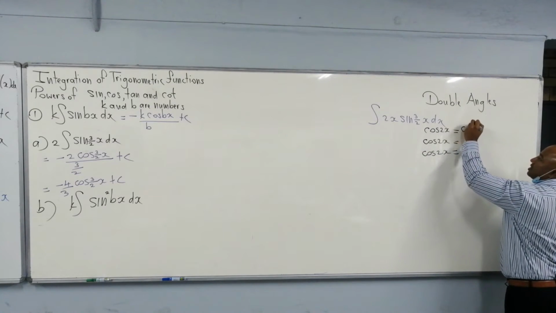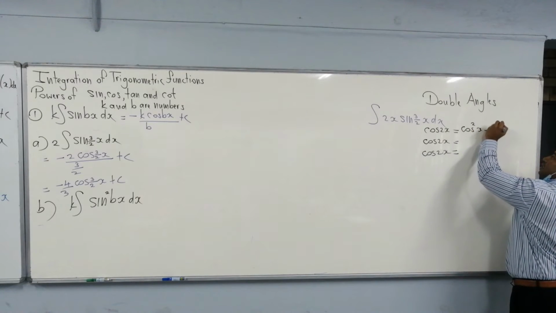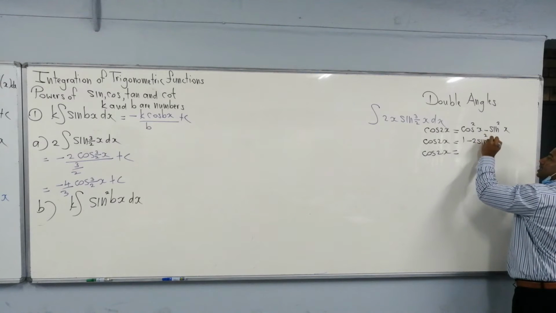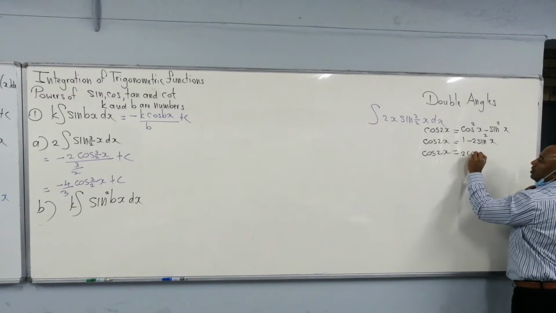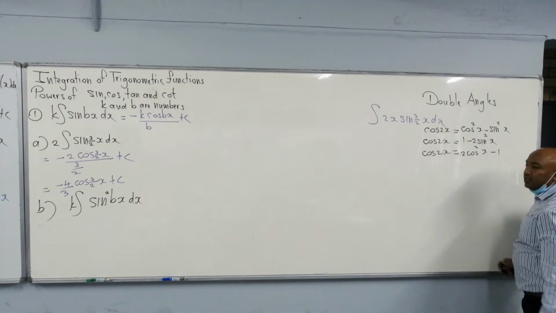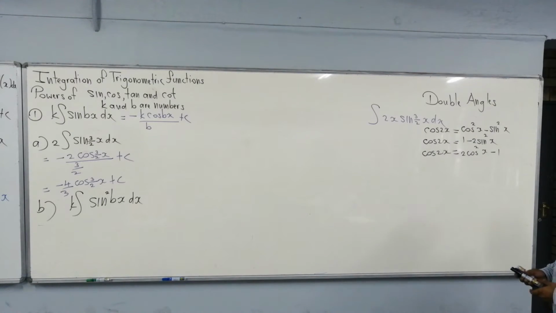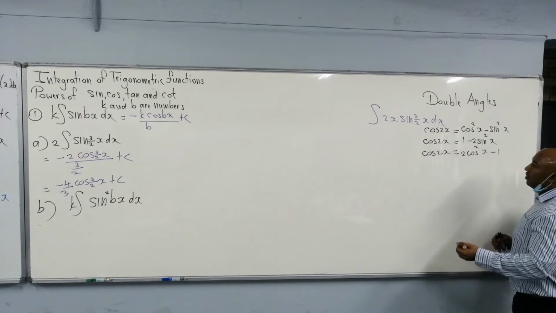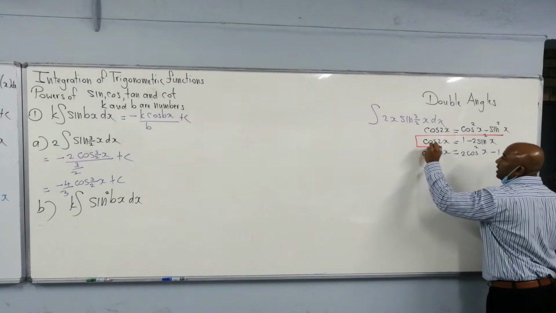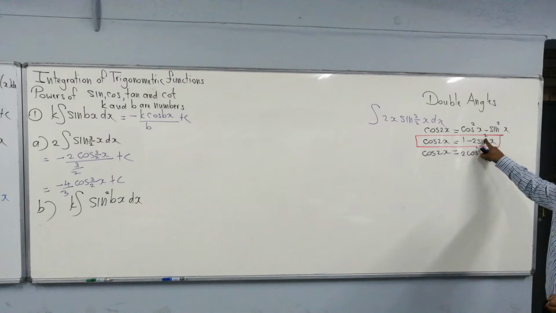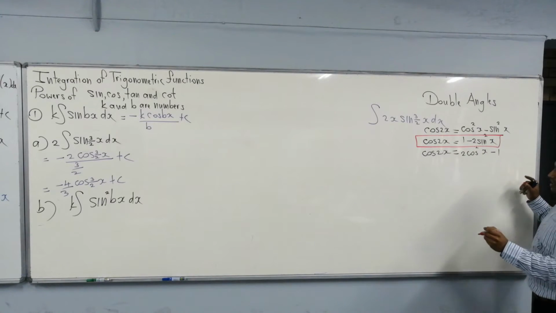It's cos squared minus sine squared, 1 minus 2 sine squared, and 2 cos squared minus 1. Those are the three double angle formulas for cos 2x. Now, the focus is on this one here. Why? Because this one has sine squared in it. Can you see that?